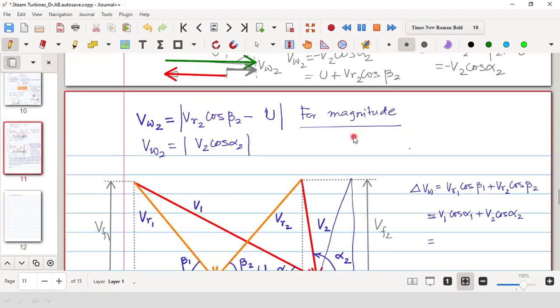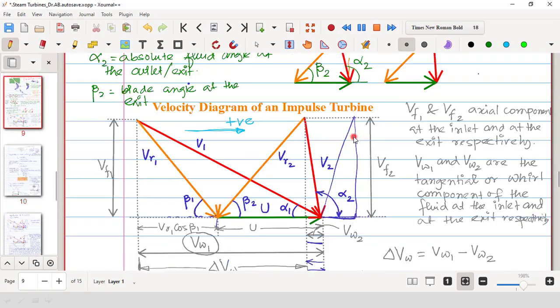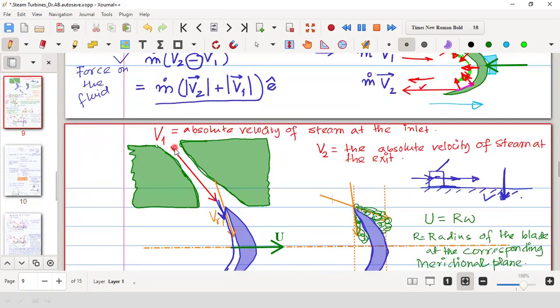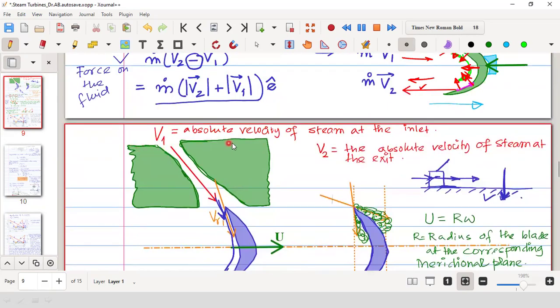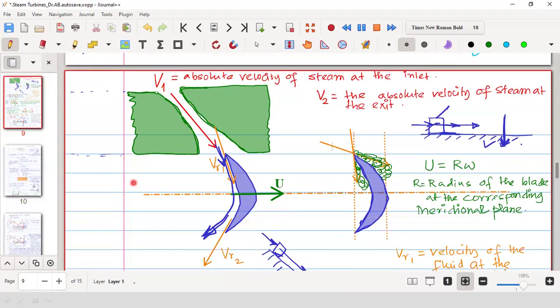If I consider the stage, here you see that this is the complete stage. Here you have one nozzle. So here it is the nozzle. And say, for example, this is the N, so it is nozzle.